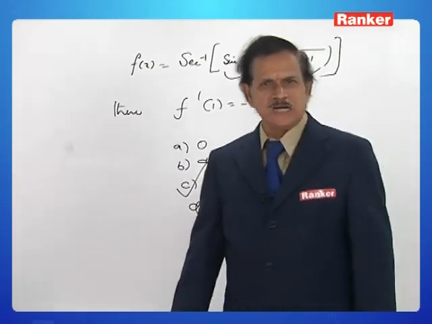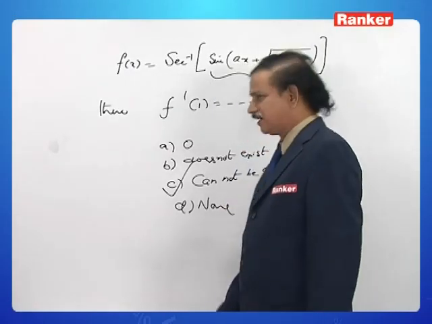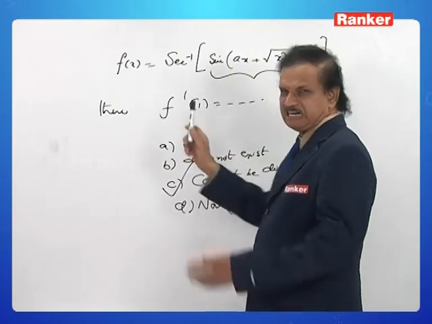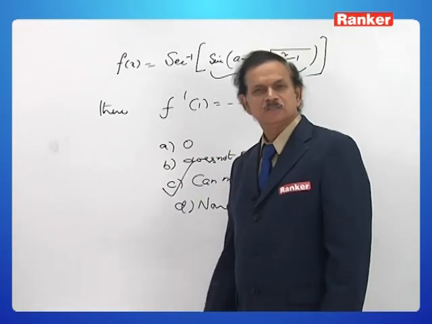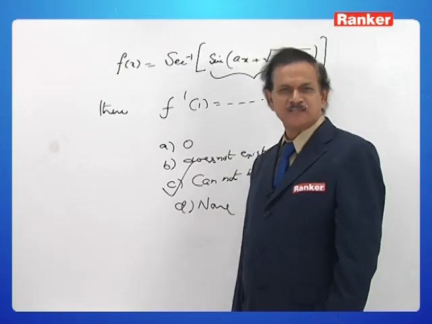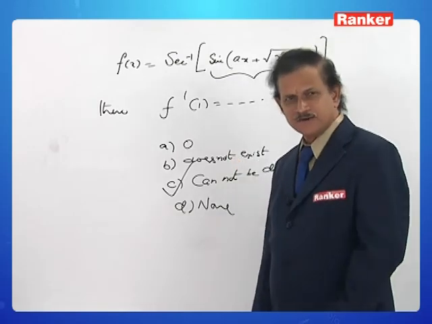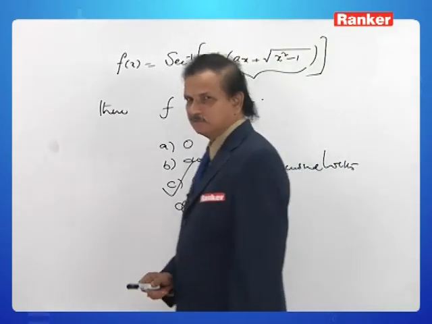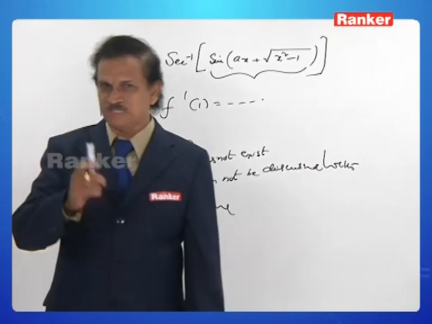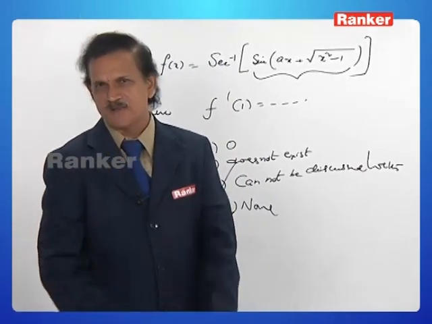Unless you notice that, you may waste your valuable time by finding its derivative by taking this to be some x and proceeding. Very bad of that. So the thing that you have to observe is that the function is the secant inverse function. Therefore, the number which lies inside that bracket must not lie between minus 1 and 1.